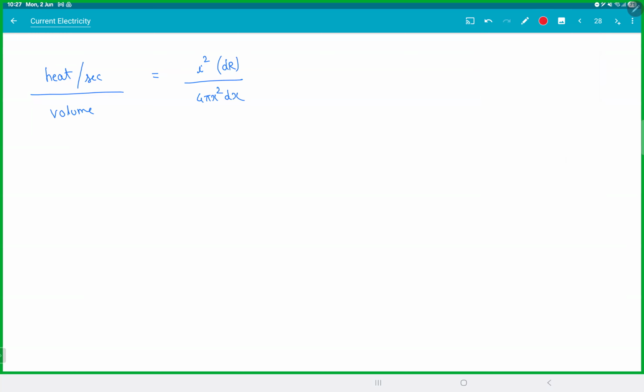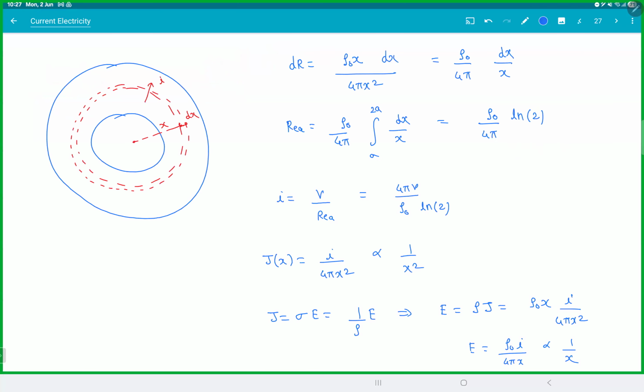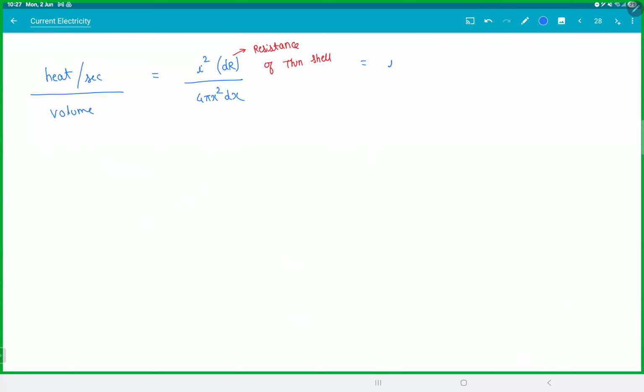So this is the heat produced in the thin shell per its volume. And what is dR? We have calculated here, rho naught by 4 pi, dx by x. I square is constant, times rho naught by 4 pi dx by x, divided by 4 pi x square dx.